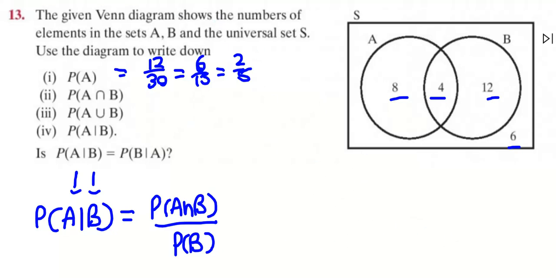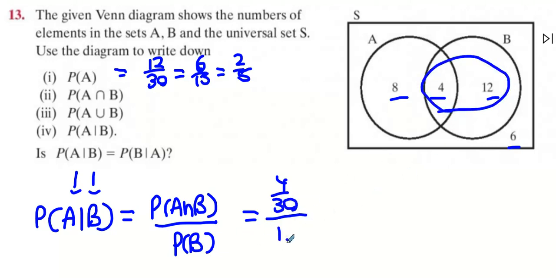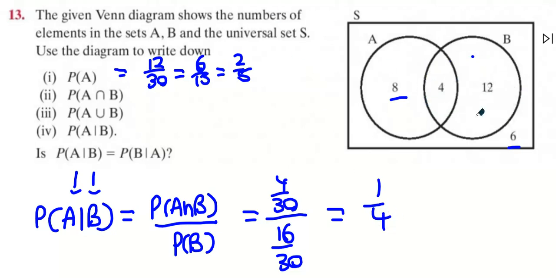What's the probability of A intersection B? What was it? 4 out of 30. And your probability of B? Okay, and what's our answer? 1 over 4. Now, you want to know the logic in this?